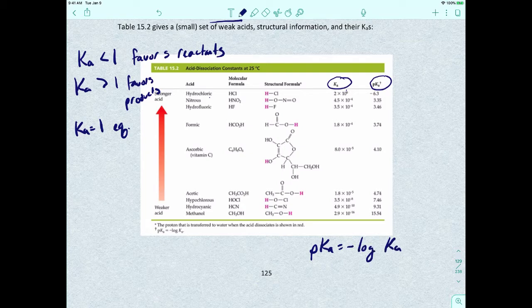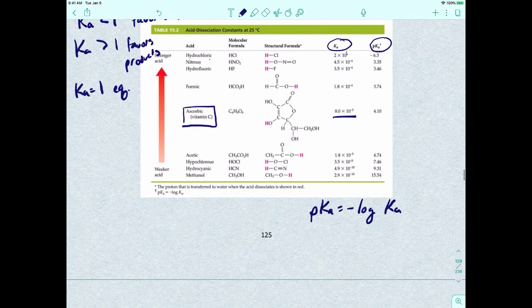What we're going to do is focus on one of these weak acids. Let's talk about ascorbic acid, or vitamin C. The Ka value for ascorbic acid is 8.0 times 10 to the minus fifth.